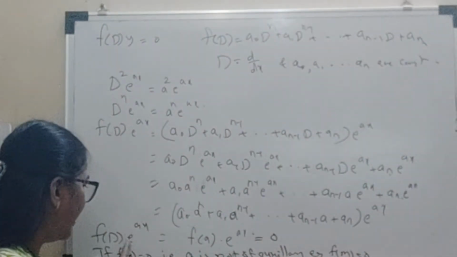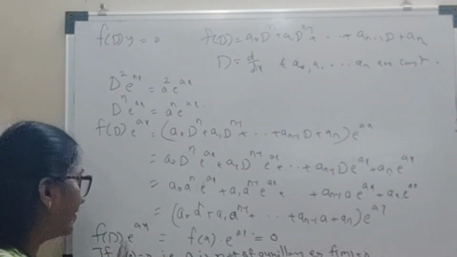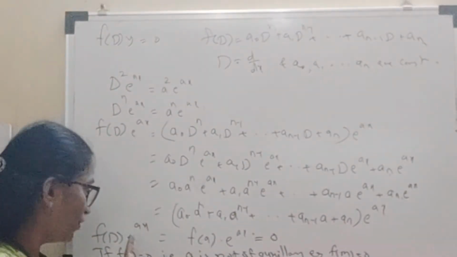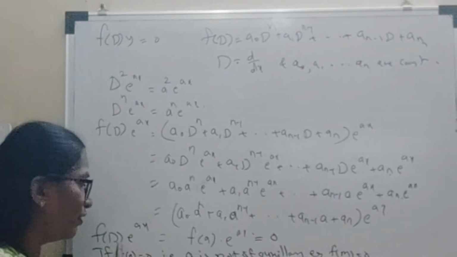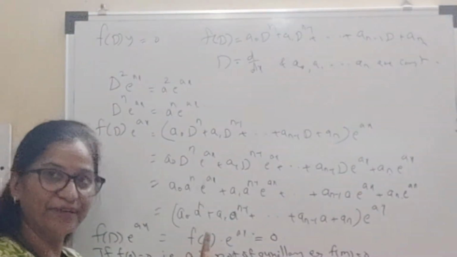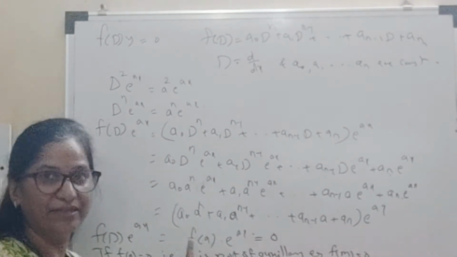So what does it mean? e^(ax) satisfies this differential equation f(D) operates on y equal to 0. So e^(ax) is one of the solutions of this differential equation, provided f(a) is equal to 0.